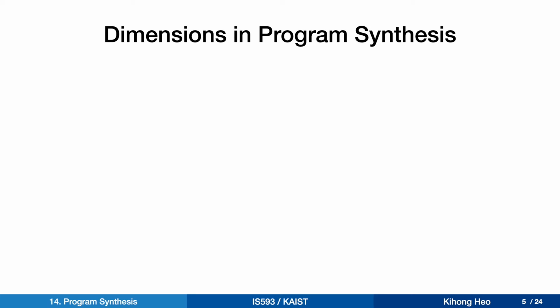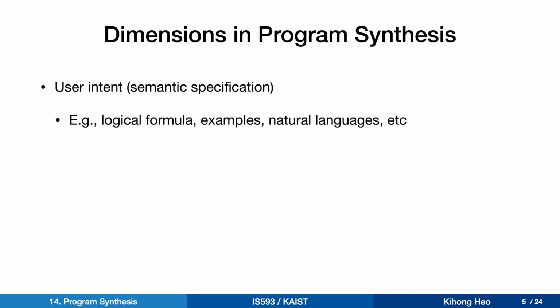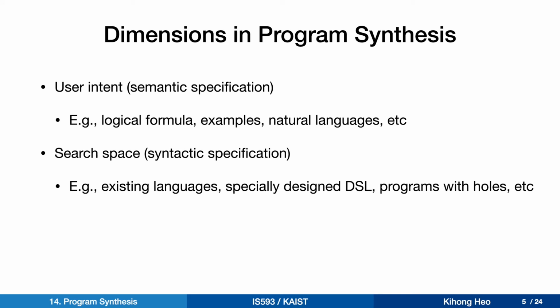Then let's see the dimensions and design choices in program synthesis. One important thing is how to specify user intent. This is about semantic specification of the target program. There are many possibilities, such as logical formulas or input-output examples, as in the Excel case, or ultimately natural languages. Another dimension is the search space that defines syntactic specification of the target programs.